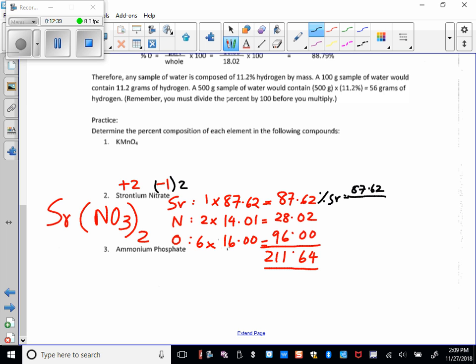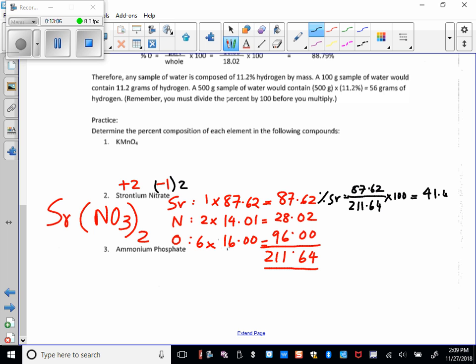What is my whole? 211.64 times 100. What is the percent of strontium in the given compound? I need you to calculate this. It's 41.40.